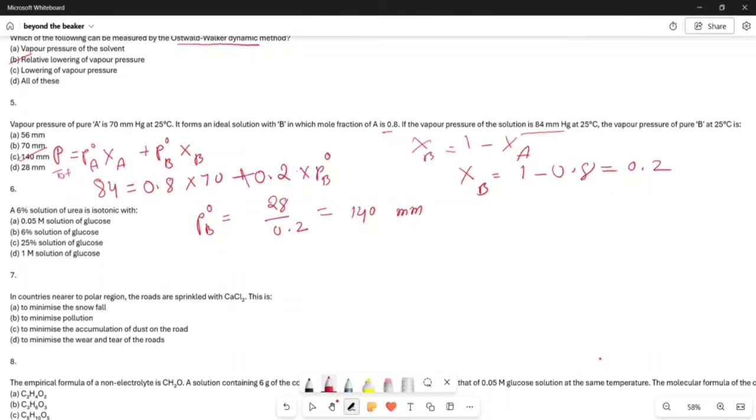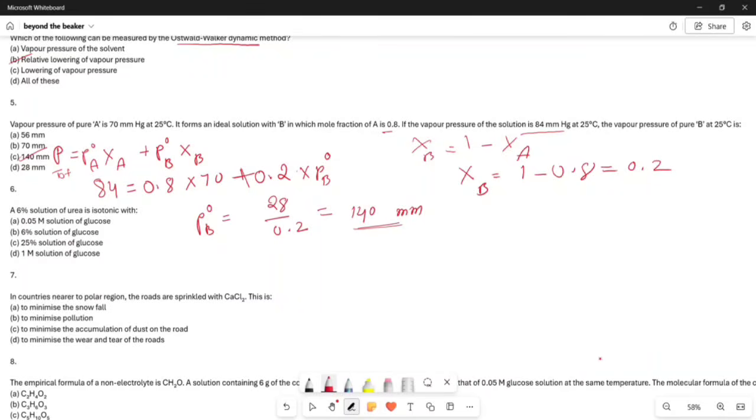PB naught is the unknown. Therefore PB naught is equal to (84 minus 70 multiplied by 0.8) divided by 0.2. So the answer is 140 mm, and the correct option is C.